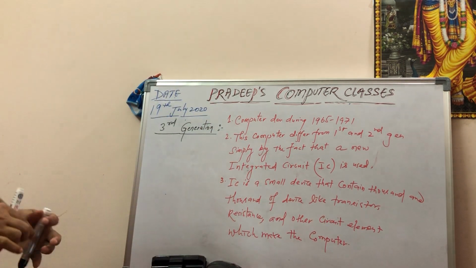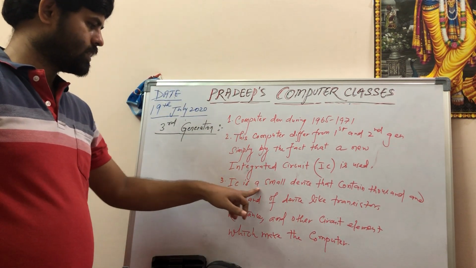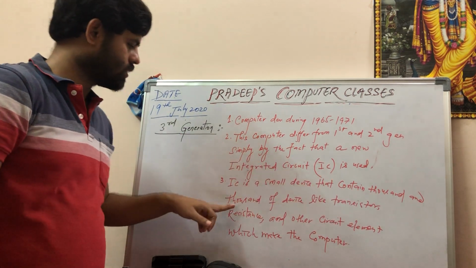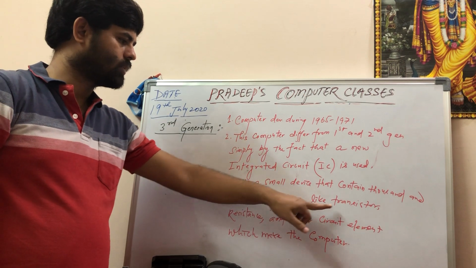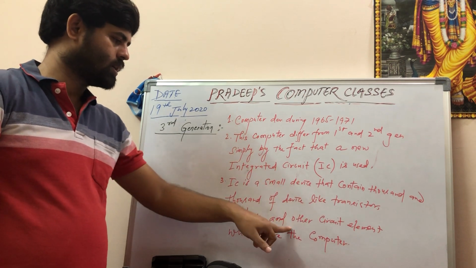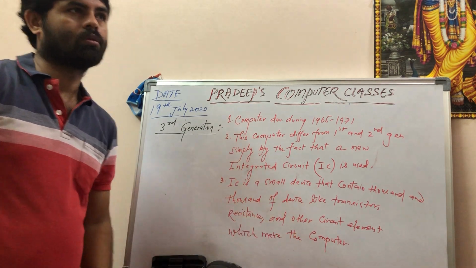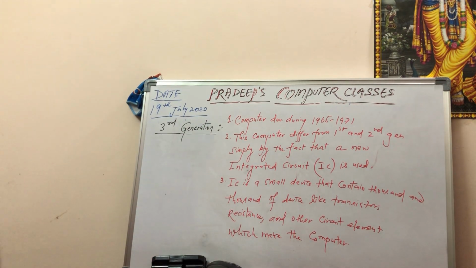Okay, so IC is a small device that contains thousands of devices like transistor, resistance and other circuit elements which make the computer. Okay, write it.